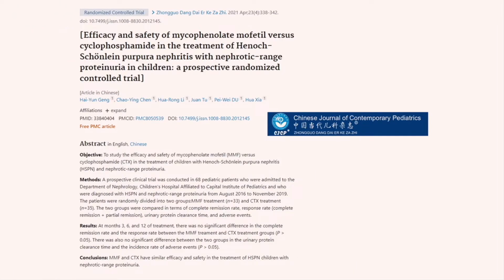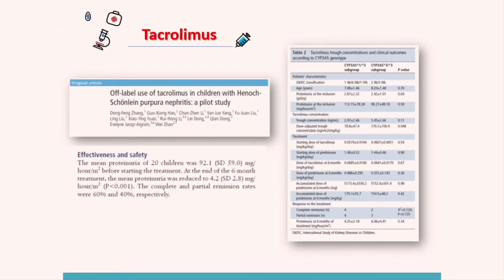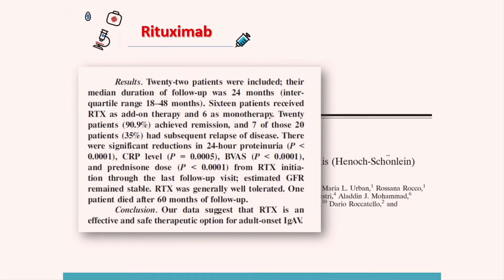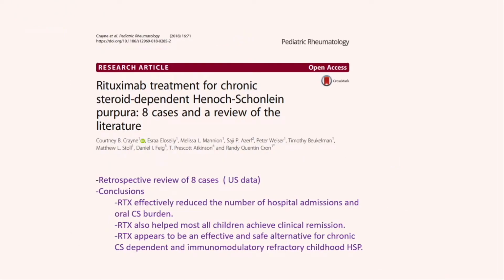And there are some Chinese reports about the effectiveness of MMF. Tacrolimus was also reported in 20 children, saying that it was pretty useful. And even rituximab, in more recent studies involving 20-odd patients, suggests it's a safe and effective use in IgAVN.